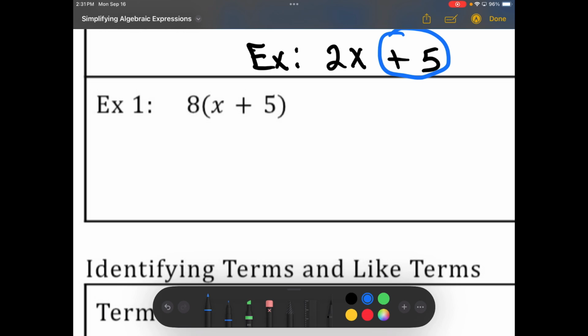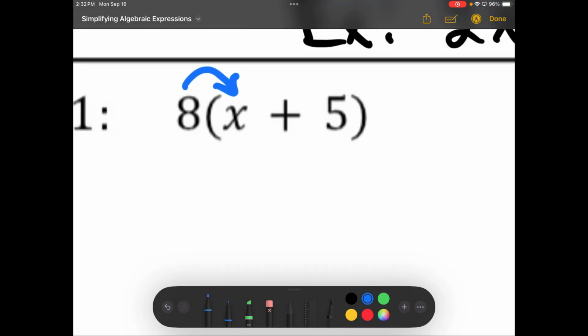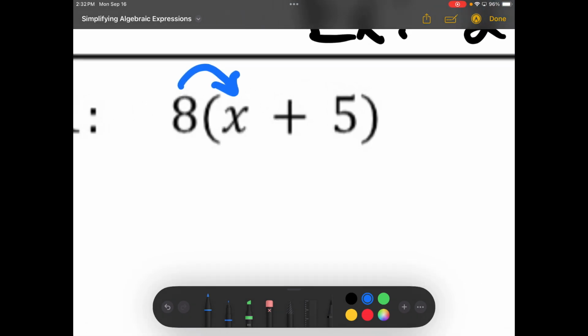So what is outside my parentheses? I have 8 outside the parentheses, so I am going to multiply 8 to the terms inside. So the first thing I want to point out is this x. This x appears as though it doesn't have a coefficient, but it does. What is the coefficient possibly?